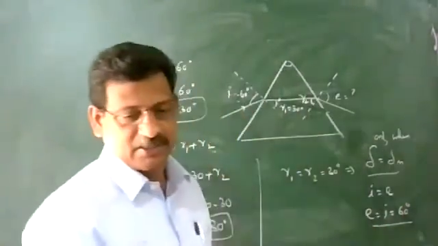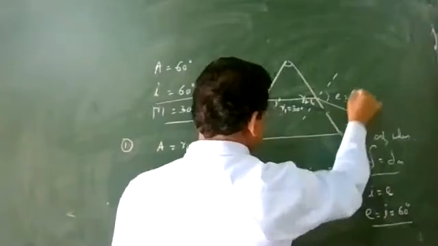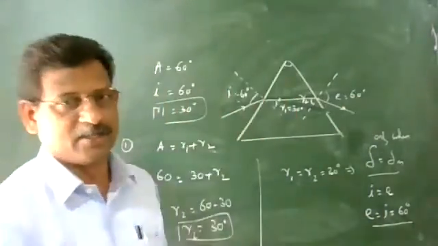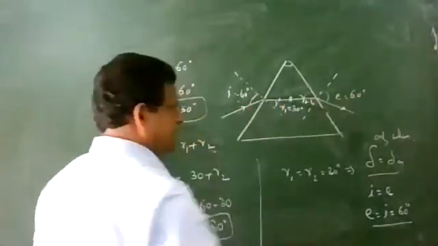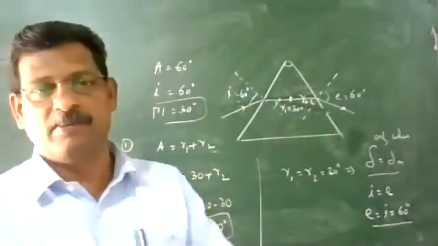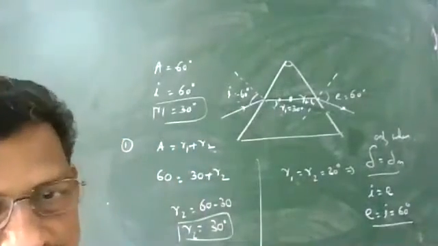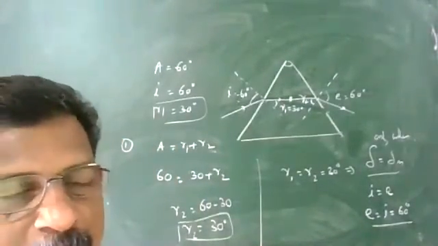And angle of emergence is 60 degree. So incident ray and emergent ray will be equally inclined, and the refracted ray will be parallel to the base of the prism. So when it is a minimum deviation, 2 points you have to keep in mind.